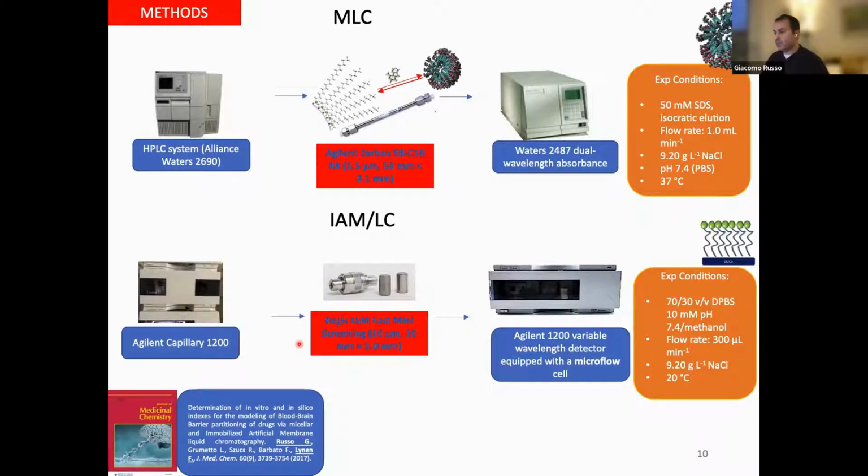An IAM fast mini screening column is only 1 centimeter long with 10 micrometer particle size, which is quite big according to today's standards, but it is what is nowadays commercially available. For the experimental conditions, we used phosphate buffered saline, which is a buffer typically used, for instance, in cellular assays, with 30% methanol. Again, we applied iso-osmotic conditions and a pH really similar to that of the physiological environment.